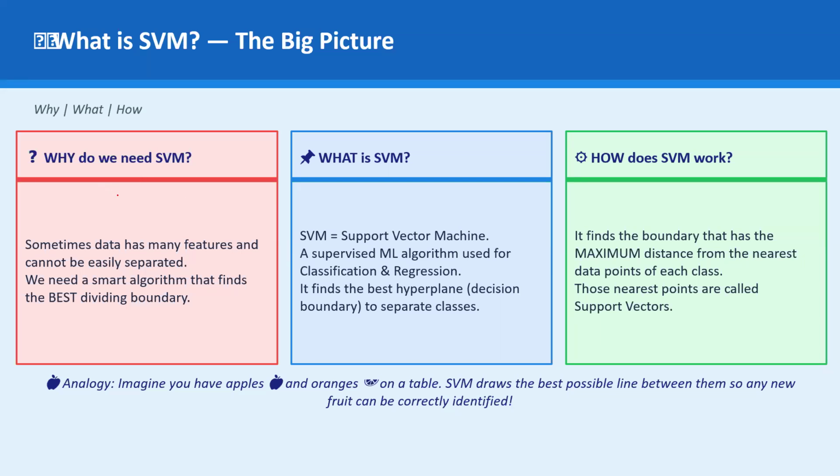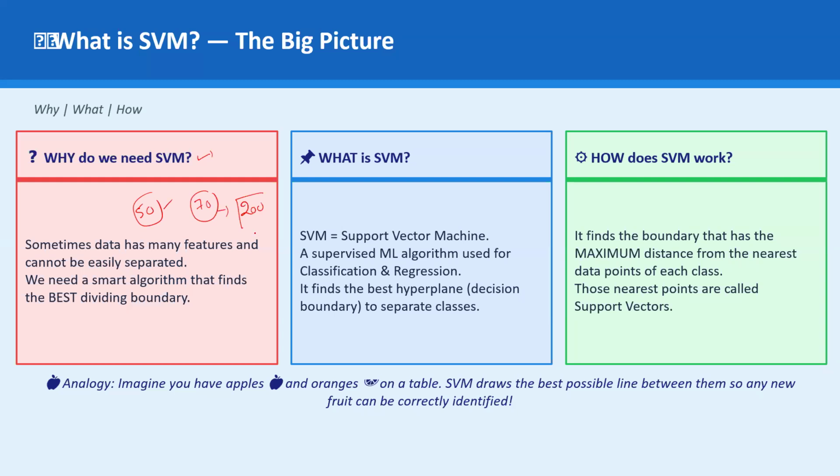Why do we need this SVM? Sometimes the data and features are really huge and the complexity increases. Let's say you have 50 columns, 50 features, that's really good. If it is 70, that's fine. If it is 200, what do you have to do?